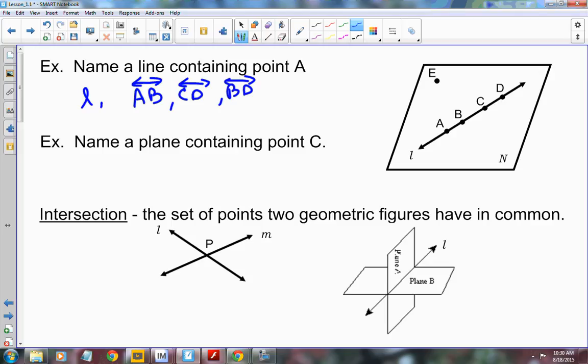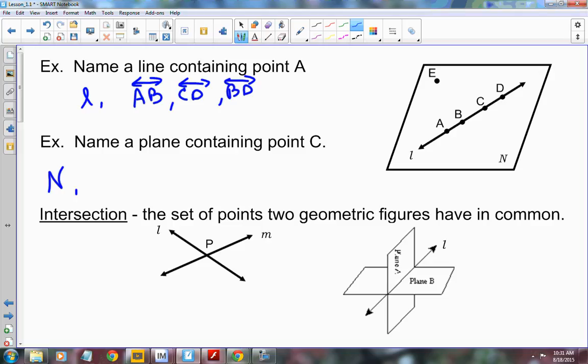Name a plane containing point C. What'd you say? N. Okay, good. Plane N. How else could I name that? Cameron. AC, like a line over it? No, that would be a line.